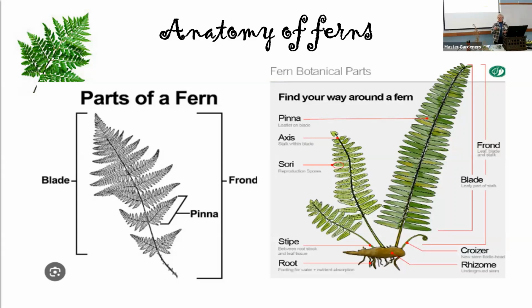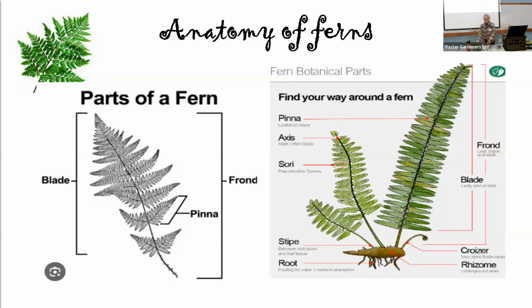So if you're identifying a fern and you're getting down to the sori part, you're really doing well, because then you're really getting into the weeds. Hopefully you'd be able to identify our natives, just because these two look drastically different, right?